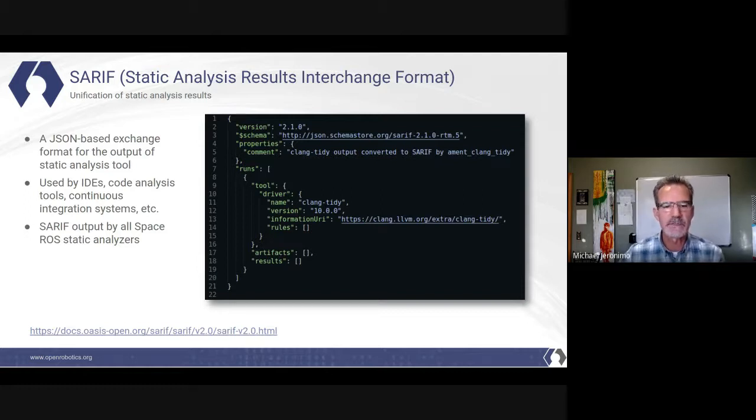So you've got the tool info and the rules that fired for that tool. It's empty here just to show you the whole structure of this. And then the artifacts that have been analyzed, basically the source files, and then the results. This is the pretty basic structure, but you'll have a lot of rules that fire, a lot of artifacts that have been analyzed, and this result summary. This format can be used by IDEs or output by code analysis tools, and we've got it on all of the tools.